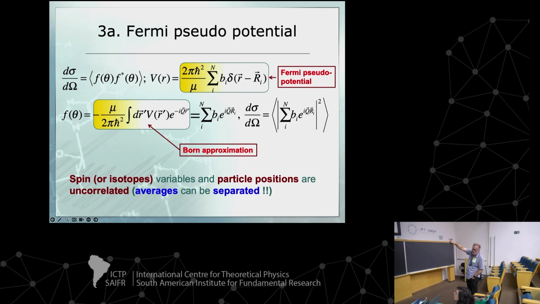It's just delta functions, and you have the incoming wave function. You see the e to the i minus qr is the plane wave function, the incoming wave function. So the result for the scattering amplitude is just this summation, and you end up with that summation squared. That's the Born approximation there, and that's the essential result, the crucial result is the one on the left.